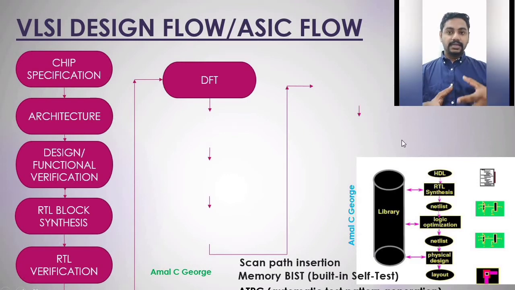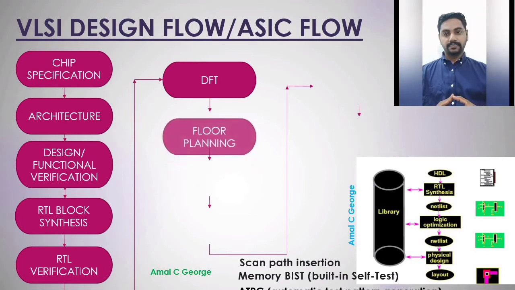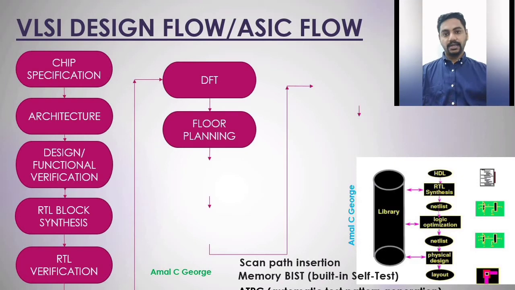Then the seventh step in our design is floor planning, also called the blueprint of your chip. So after DFT, the physical implementation process is to be followed. In physical design, the first step is floor planning. It is the process of placing blocks in the chip. It includes block placement, design partitioning, pin placement, power optimization.